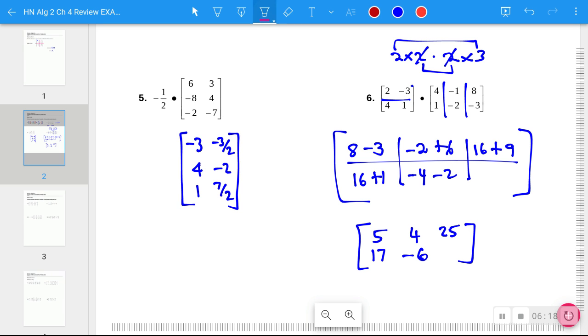Okay, the last position here is in the bottom right, so we're going to use the bottom and the right. And the first pair, 4 times 8 is 32. And the next pair gives minus 3, so that last number is 29, and we have our final answer. Okay, I'm going to leave off there and pick up on number 7 in the next video.